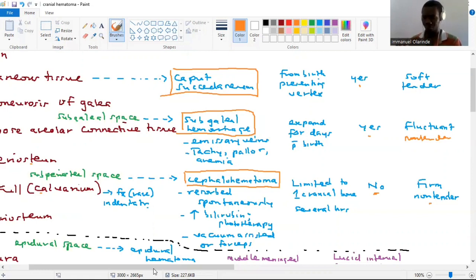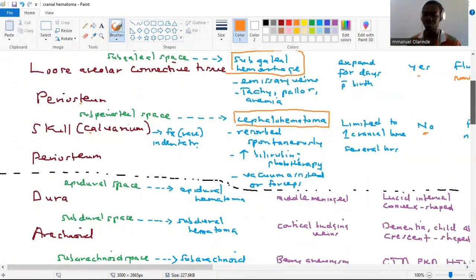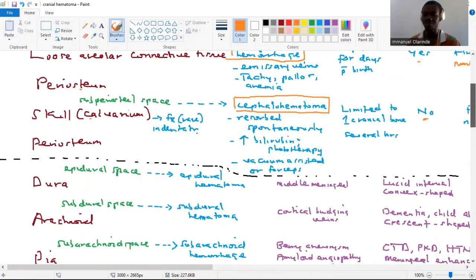So this is a major risk factor for hyperbilirubinemia in the baby, and we know indirect unconjugated hyperbilirubinemia can cross the blood-brain barrier, enter the brain and damage, right, the neurons there, and eventually lead to kernicterus, right? So that is the concern with cephalohematoma. It can lead to unconjugated, right, hyperbilirubinemia, which can lead to kernicterus eventually if it's untreated. So that is a major concern.